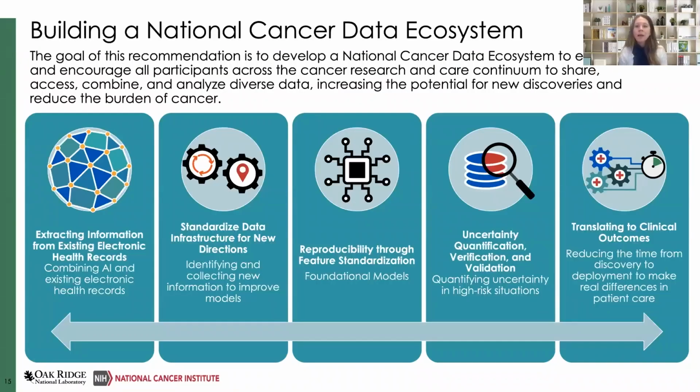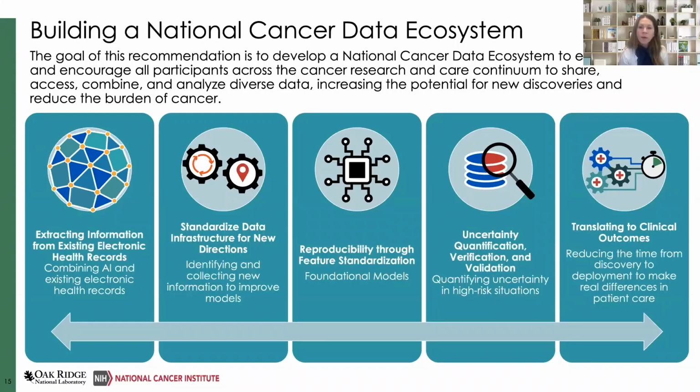So MOSSAIC has been developing these methods that accelerate the time it takes to process the pathological information, identifying and collecting new information to improve models, investigating foundational models, which I'm excited to tell you about in a minute, that have the potential to increase reproducibility and decrease the time that it takes to develop new models.